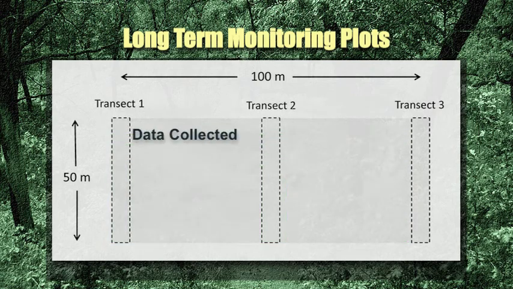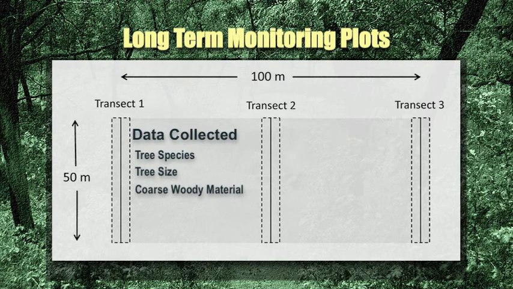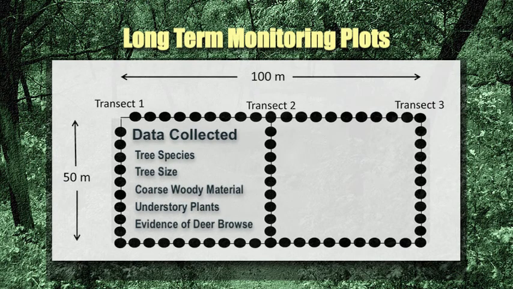So at each of the 3 transects, we collect data on tree species and size, the coarse woody materials, and we also look at the understory. We identify all the herbaceous and shrub species, and we take counts on the tree seedlings that are regenerating in the forest. And finally, we look for evidence of deer browse on woody species at 68 locations throughout the plot.